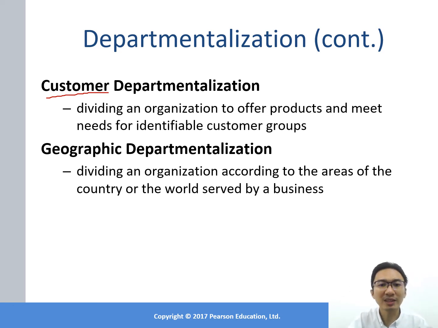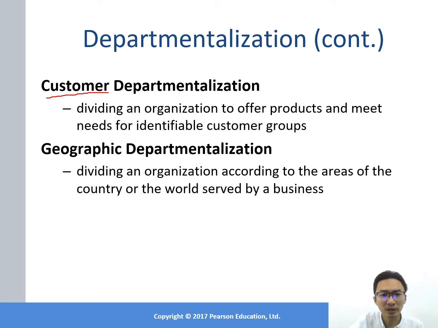With a retail store, we would break it into a men's department, a women's department, a luggage department, a lawn or garden department, and so on. Each department targets a specific group, so it's easy for them to tackle customer needs.